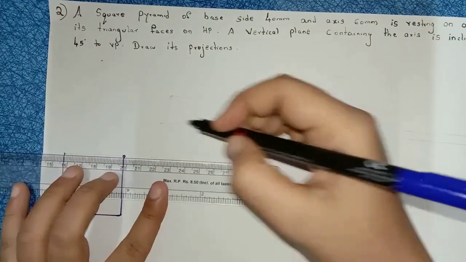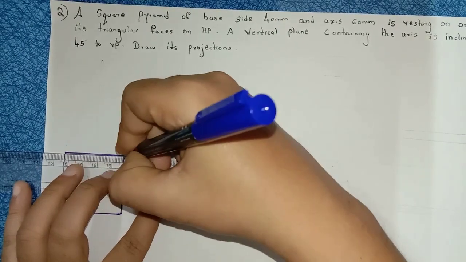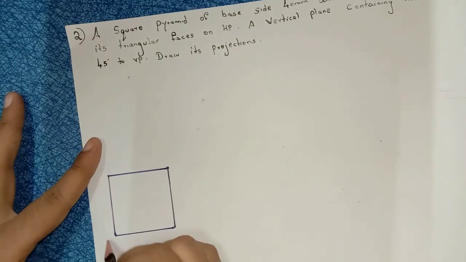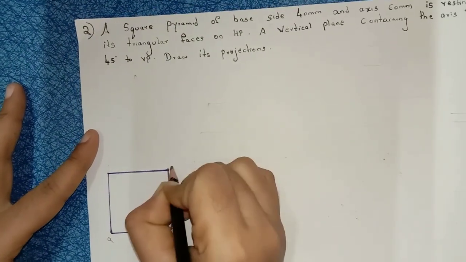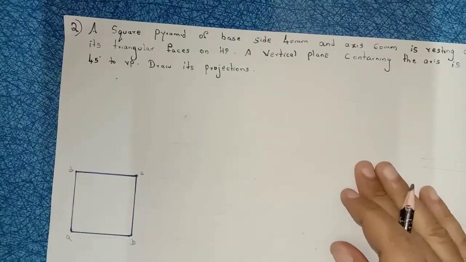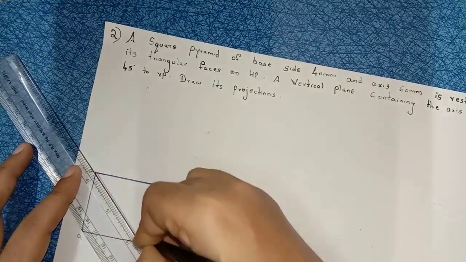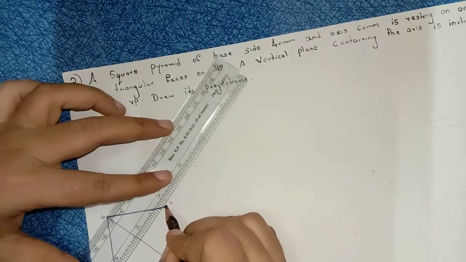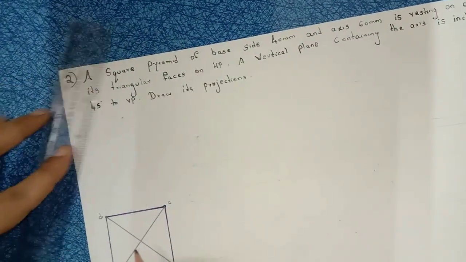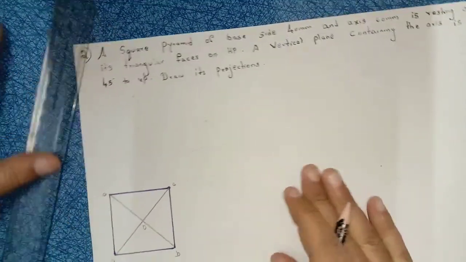Length of the square is 40 mm. Right, after constructing the square, name it as here this is your A, B, C and D. Right, now mark the midpoint of the square, join these corners. Right, you will get point O.